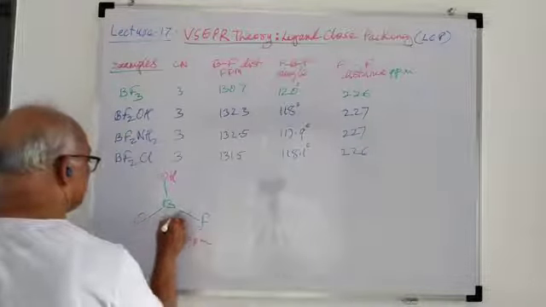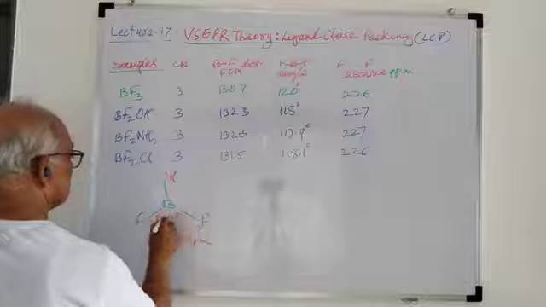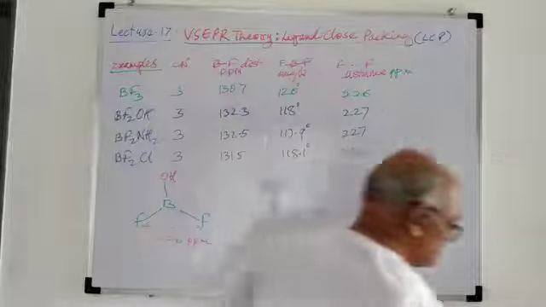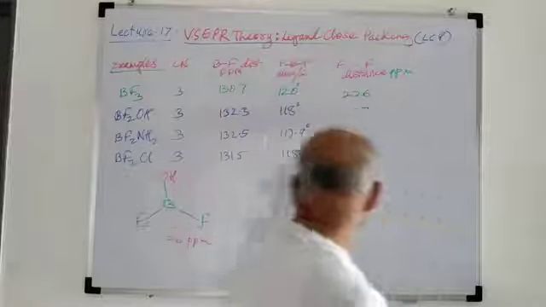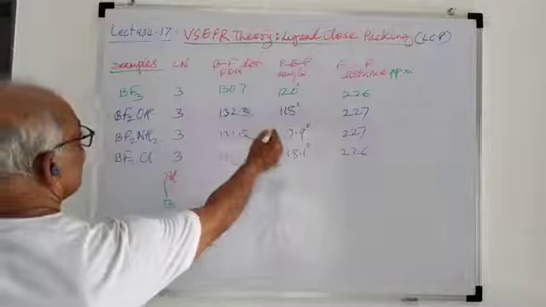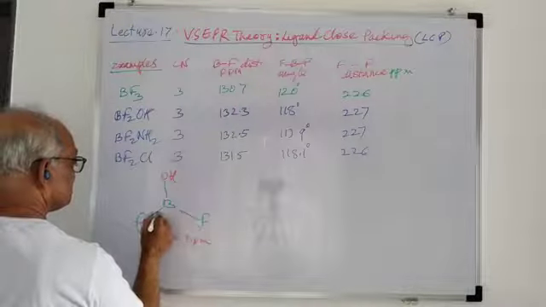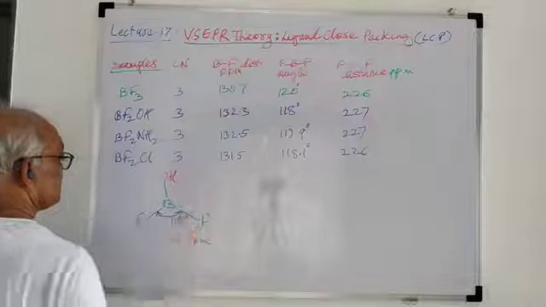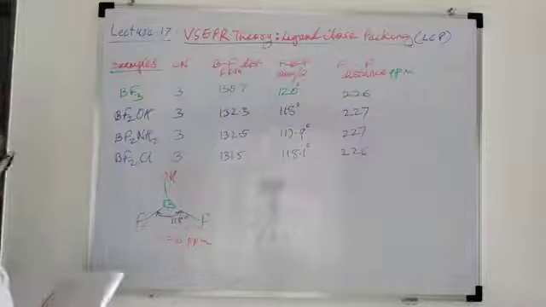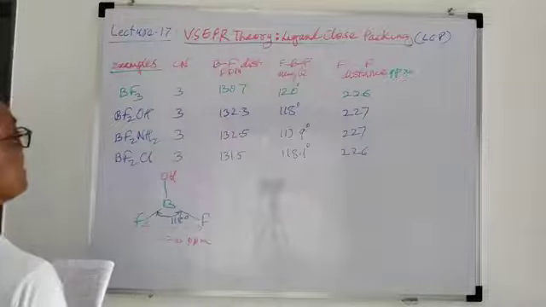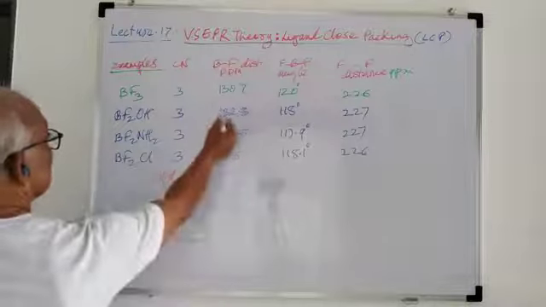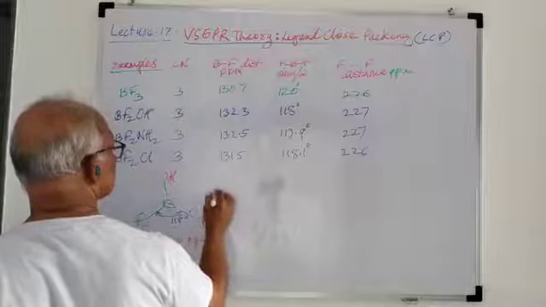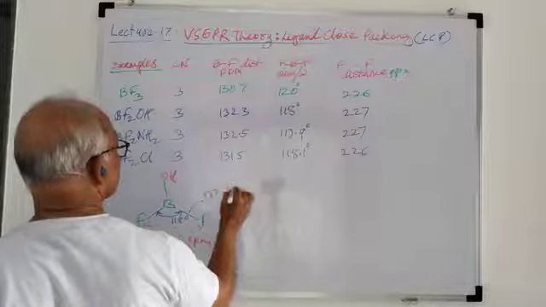This FF bond angle is reduced to 118 degrees, whereas the BF distance here becomes 132.3 pm.